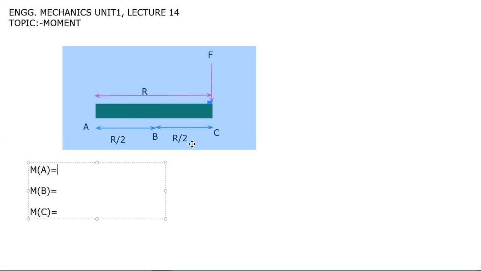Therefore F multiplied by the distance R will be the moment at point A.